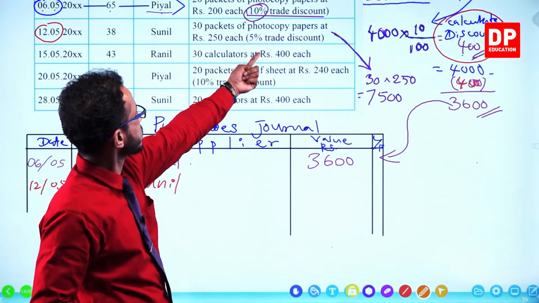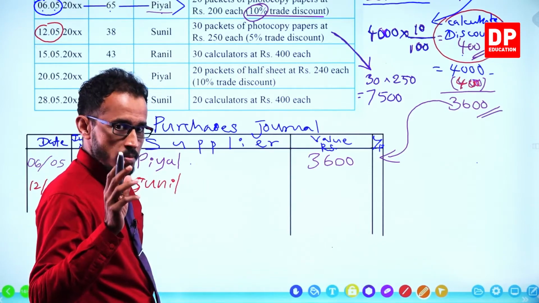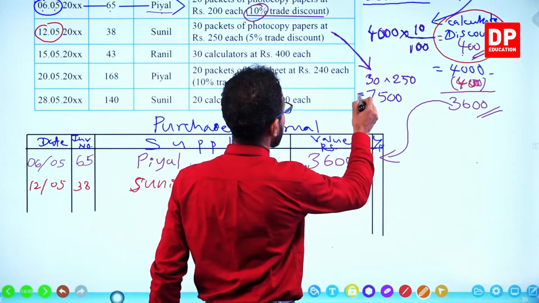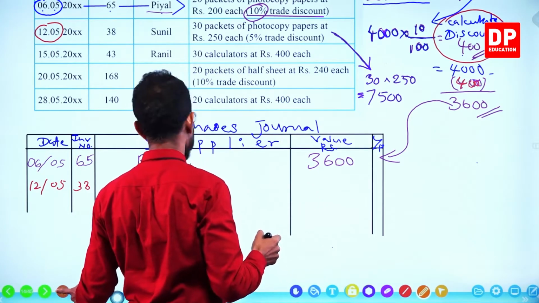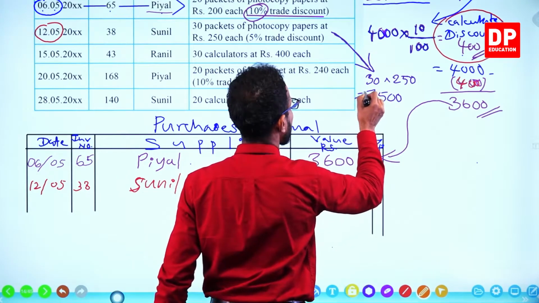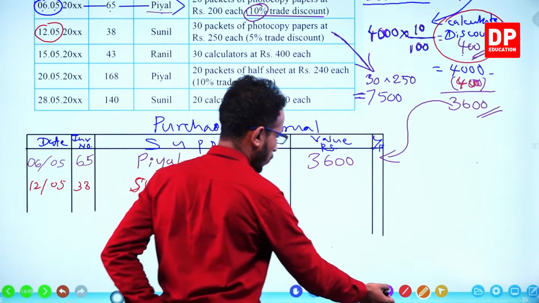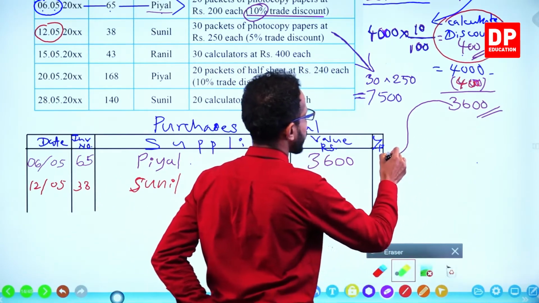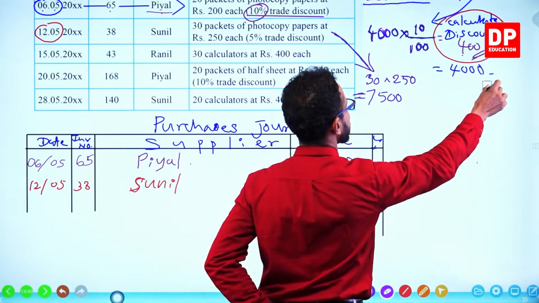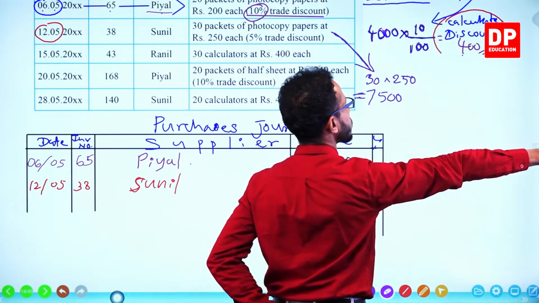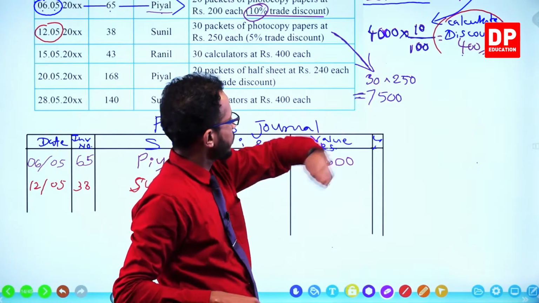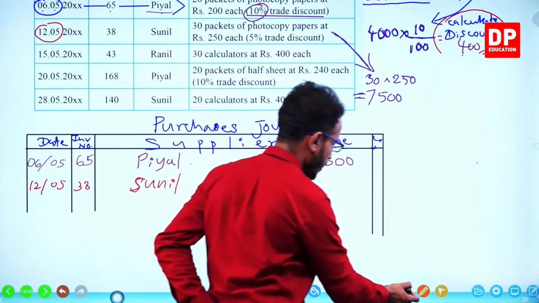7,500 and there is a discount. Before calculating the discount, children, I'll erase this part because this calculation is already done, right? 7,500, 30 into 250.